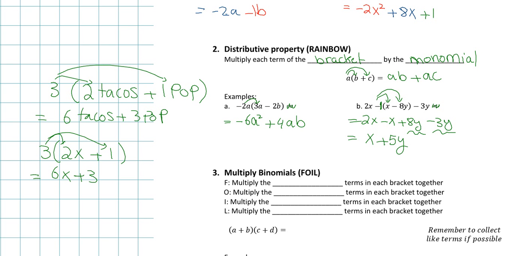Okay, before we go to FOIL, you need to master distribution. Okay, so can I see that worksheet that you guys have? Yeah, we're not doing that. Okay, so what I want you to do, I want you to do question number 1 and question number 2.